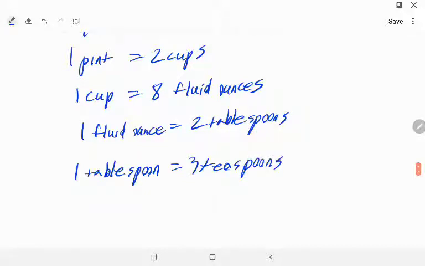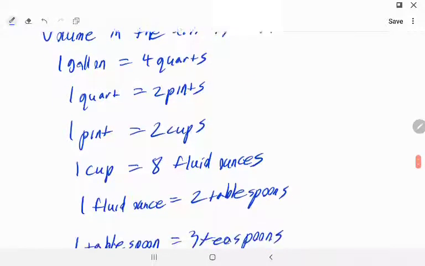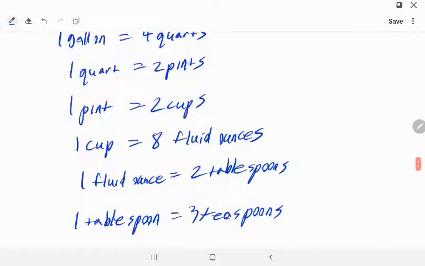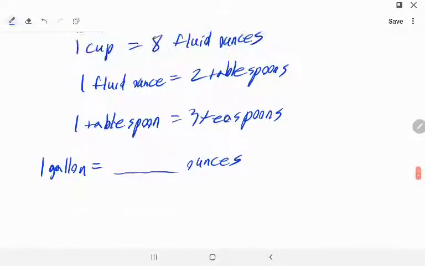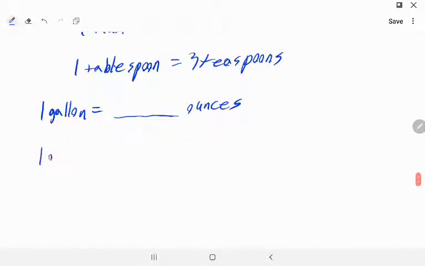I mention this just so you're aware of it. You're not actually going to get any questions about this on any exams. You notice that if we wanted to convert from 1 gallon to ounces, it is not an easy task. We have to start with 1 gallon.